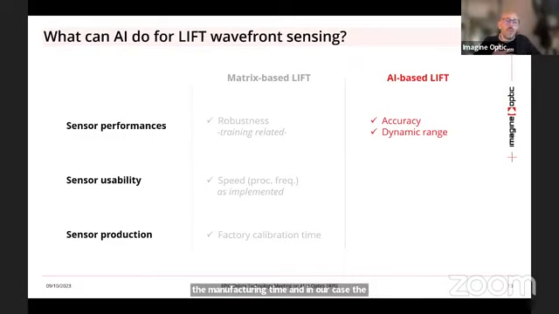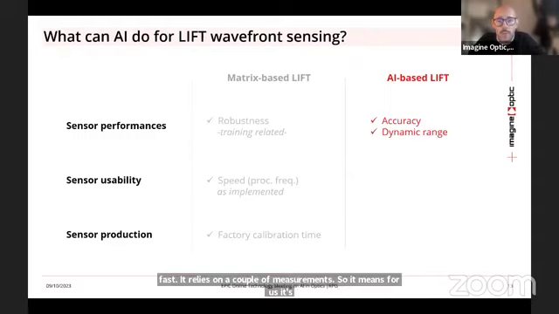We calibrate all our sensors individually in order to make them able to measure at lambda over 100 rms, and in the case of the traditional algorithms, this is a process that is pretty fast. It relies on a couple of measurements. So it means for us it takes minutes to be performed.